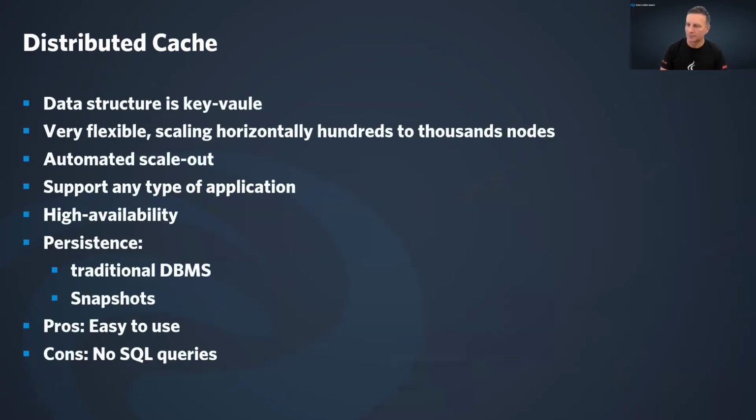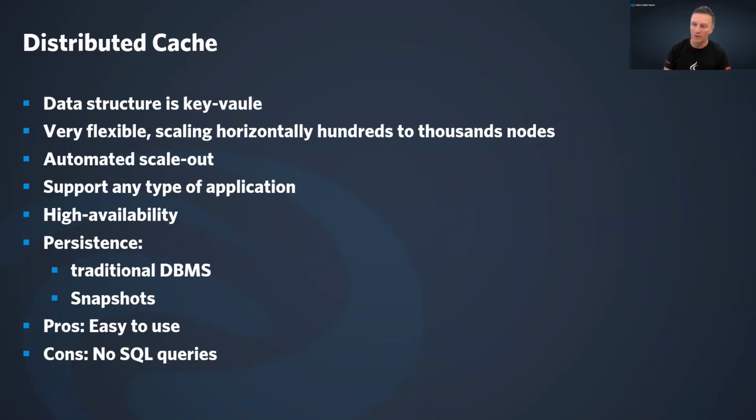Right, so summary: distributed cache, mostly key value data structure. They are very flexible. They can scale horizontally through hundreds or thousands of nodes. They provide automated scale out, scale in. Mostly the vendors provide cloud solutions and serverless solutions, so to save infrastructure costs, get managed services.